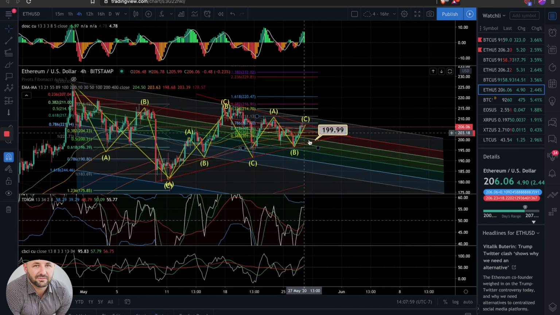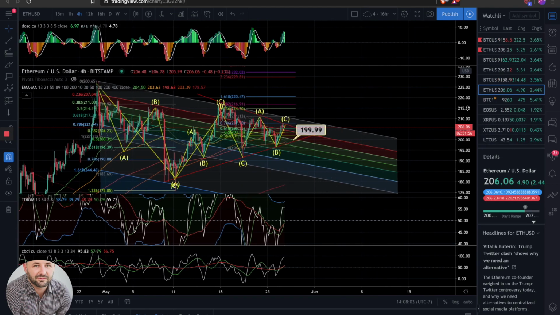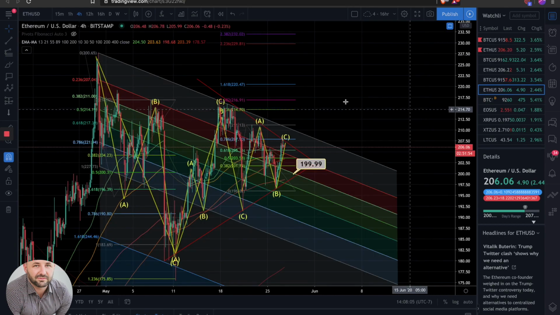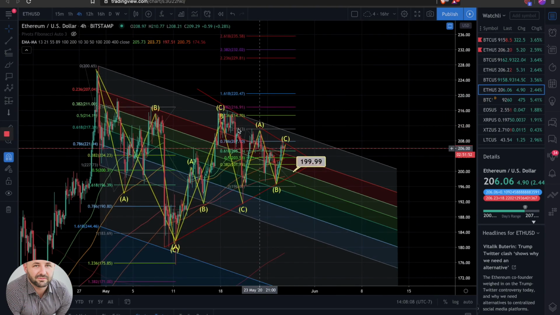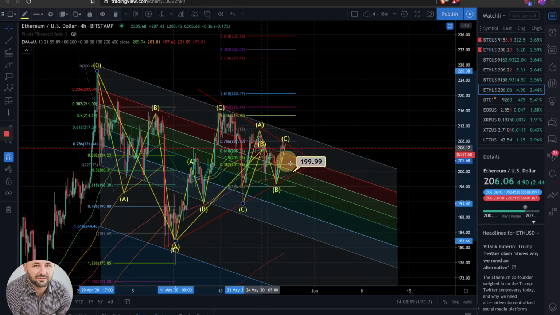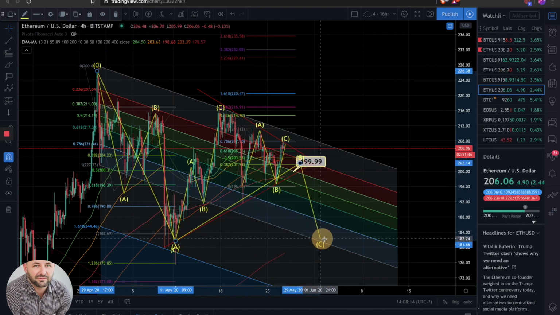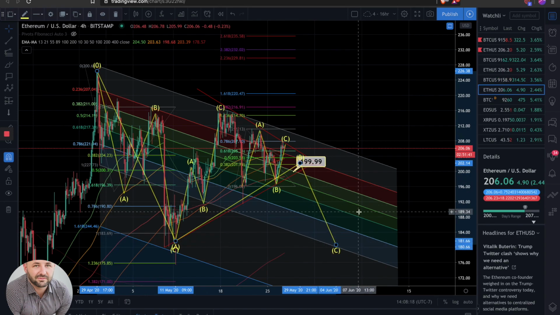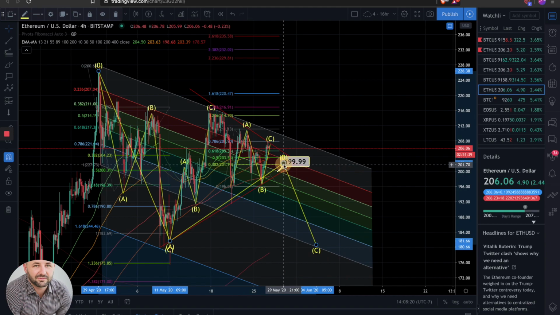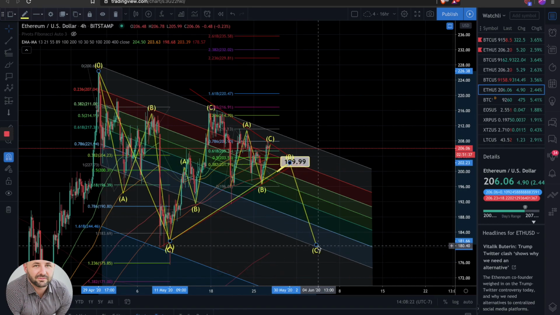However, if we come back down and we do break this support at the 199, I'd be looking at this as being more of the ABC like this. If we lose that $200 mark again for ETH, I'd be looking for us to come back down and reset some potential lows, again find the bottom of this support channel.